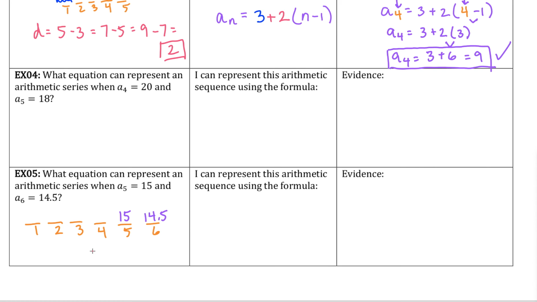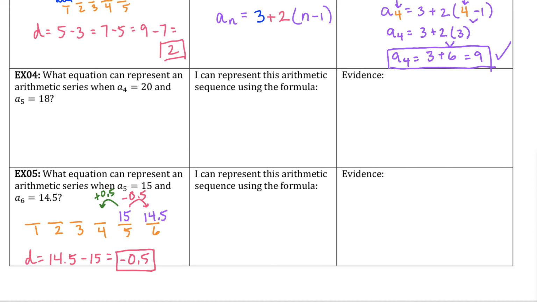So to find this common difference, I need to do 14.5 minus 15, which is negative 0.5. That means this is minus 0.5. And that means I need to go backwards by adding 0.5.